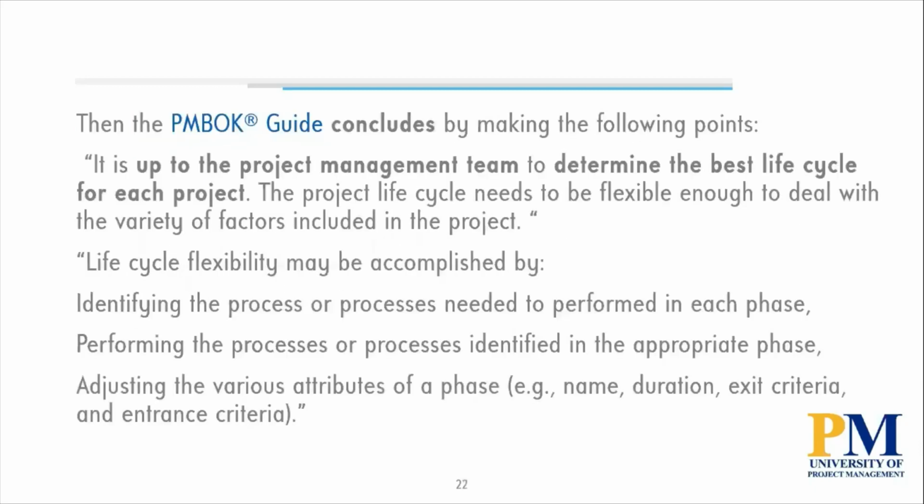The PMBOK guide concludes by saying, look, it's up to the team to figure out what's best for them. And the flexibility is achieved by identifying the needed processes, performing them in the appropriate way, and tweaking things and adjusting attributes as you go.